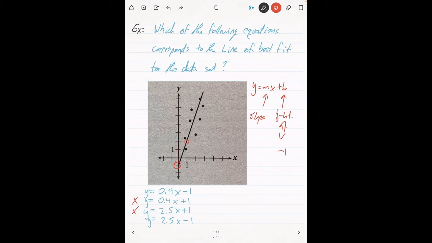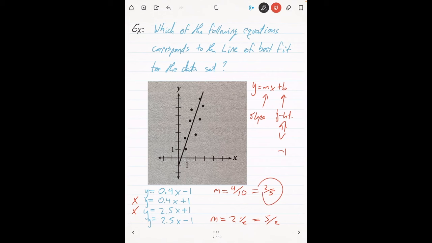But you can also think about it, instead of just looking at the graph and trying to manually compute what the slope is, work with the two slopes you're given. 0.4 is the same thing as 4 over 10, or 2 over 5. 2.5 is the same thing as 5/2.